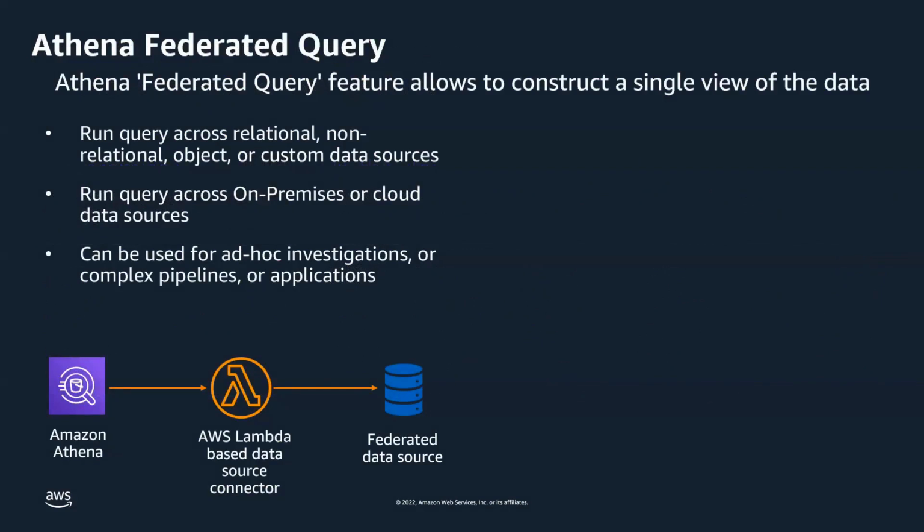So what is Athena Federated Query? Athena uses data source connectors that internally use Lambda to run federated queries. Data source connectors are pre-built and can be deployed from the Athena console or from the AWS Serverless Application Repository. Based on the user submitting the query, connectors can provide or restrict access to specific data elements.